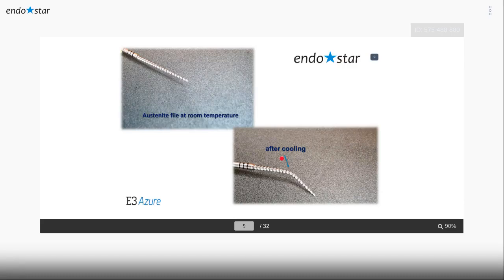I pre-curved the file and it retained the shape for a time. When the temperature increased again, the file returned to its original shape, and at the same time I could not pre-curve it one more time. So due to the severe cooling, I gained some martensitic matrix inside the austenitic nickel titanium wire, but only for a while, because this file is mainly 100% austenitic.